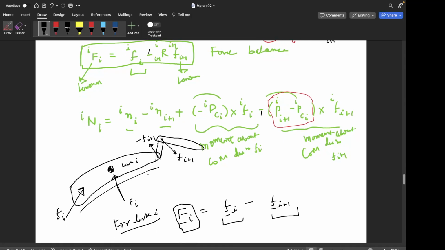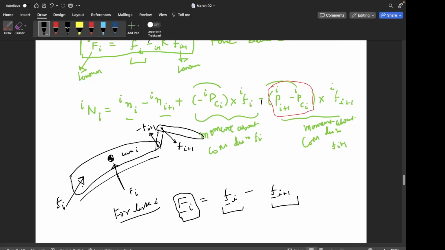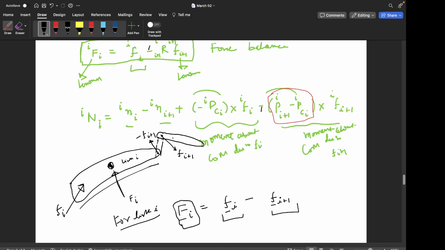So first, you have to be clear that we are analyzing forces on link I, right? The force on link I from this side is Fi, right? And since we are doing inward iteration, at this stage of computation we would already know Fi plus 1. Did you get it, right? You will already know Fi plus 1.